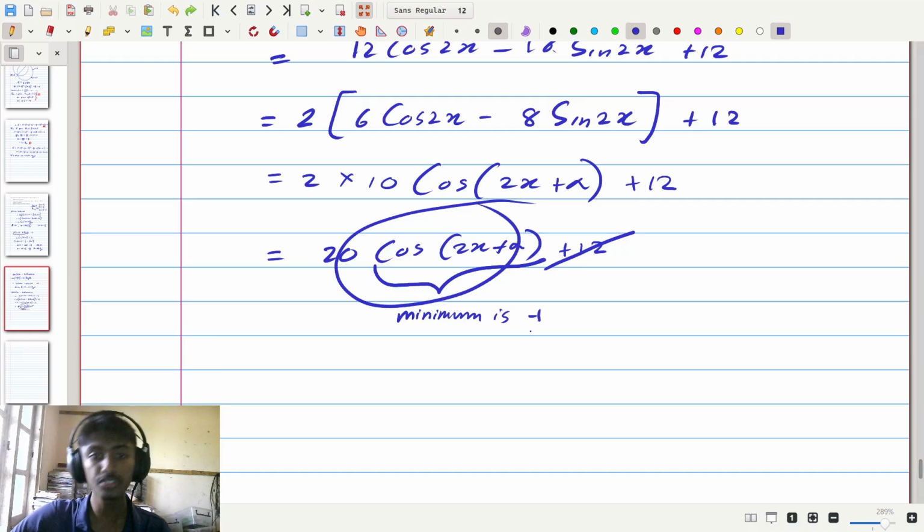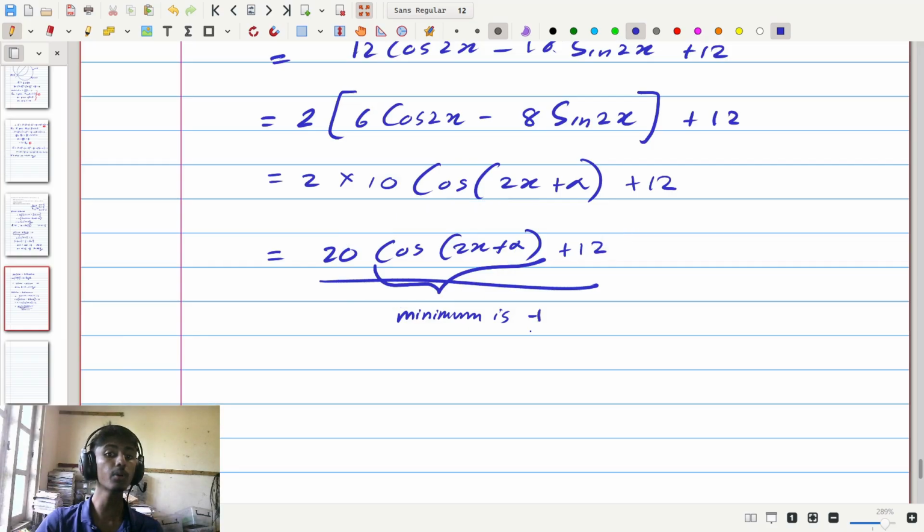According to that, the sum of these two terms, which is what we want to find the minimum of, is going to occur when the inside of this thing, cosine of 2x plus alpha, is equal to -1.